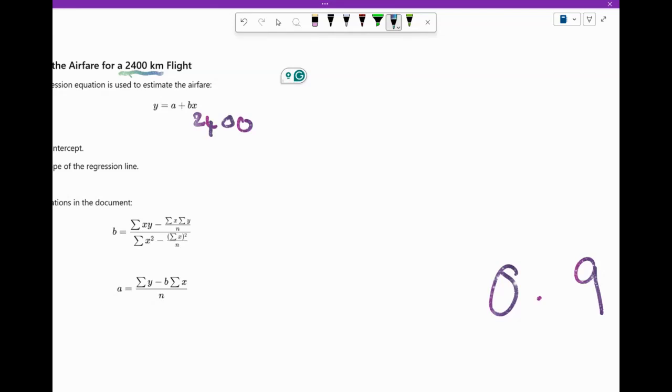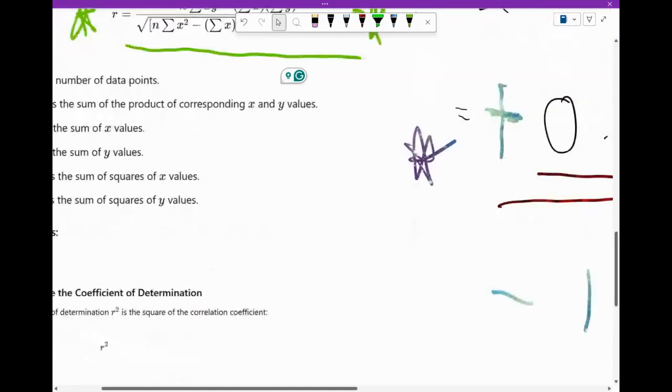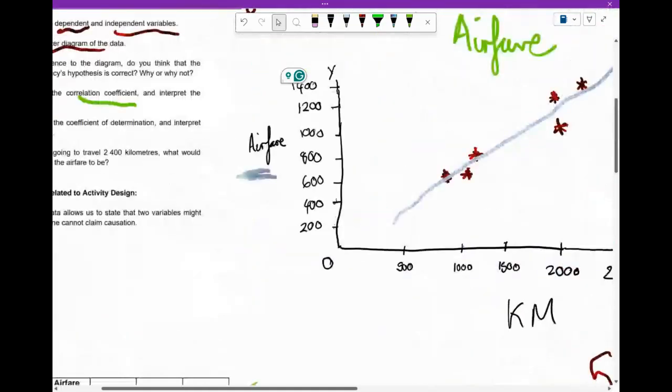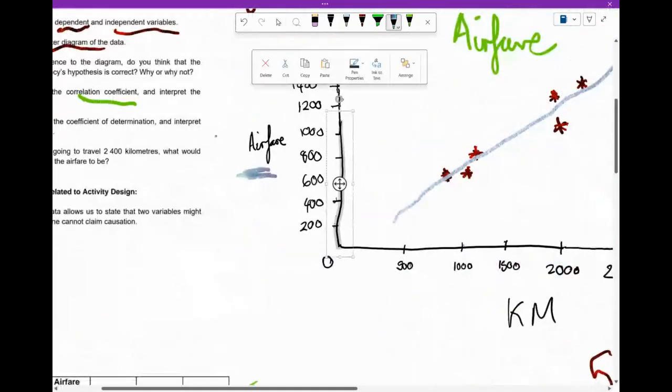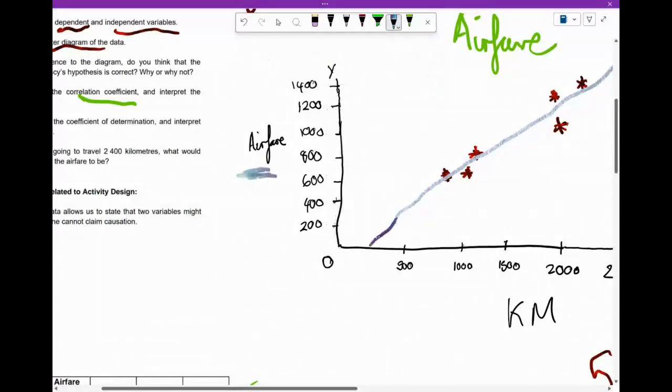Okay, so your A is your intercept. In other words, if we go back to the graph, it'll be the point at which X is equal to 0. What is the value of that on your Y?